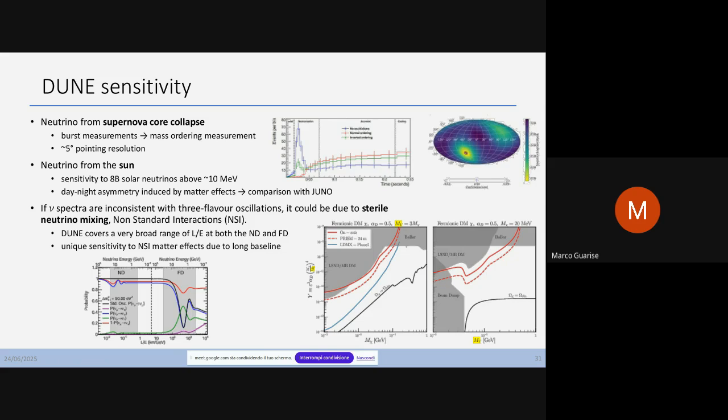So this is an indirect test, but also some beyond standard model physics, such as dark matter or very weakly interacting particles, just this one.